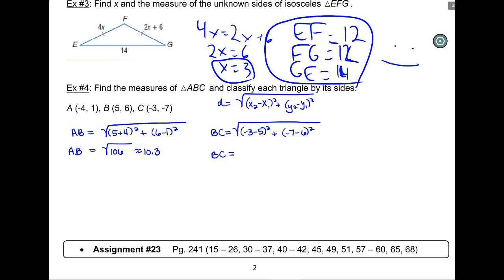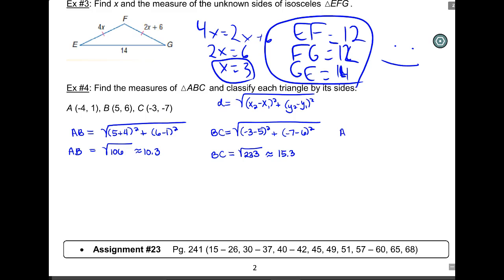So add that to 64. It's definitely not square root of 106. Square root of 233. Equilateral is out. Maya, can you plug that into your calculator to get a decimal? 15.26. So we'll say 15.3.